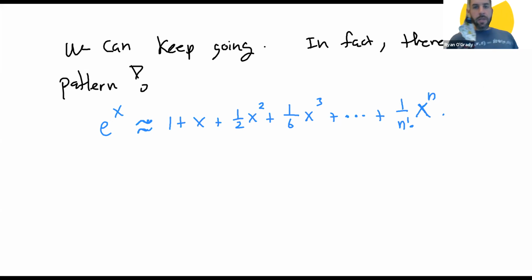So there's a name we give to this, and it's based off one of the gentlemen who made this famous. This is called a Taylor approximation.